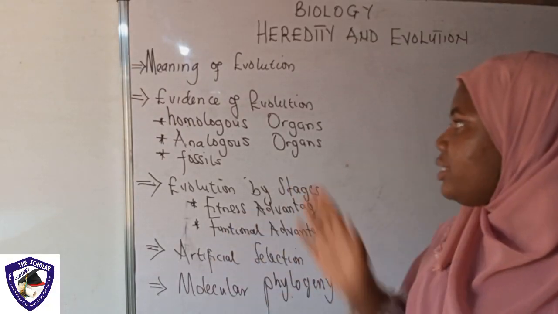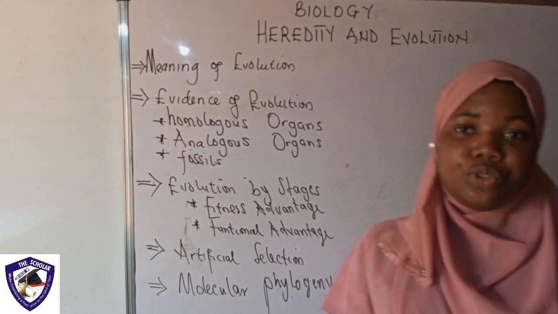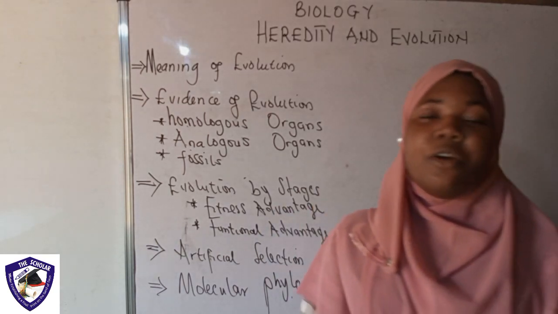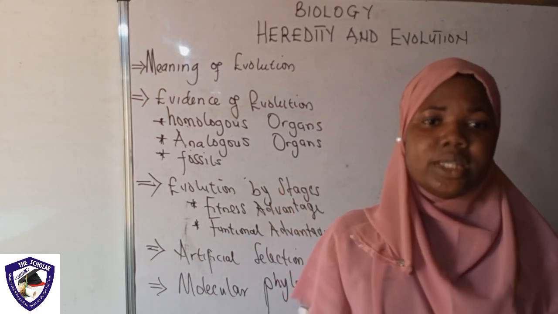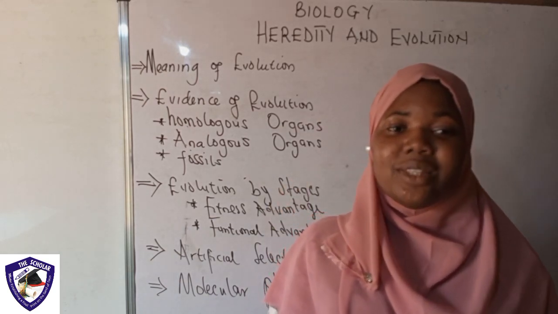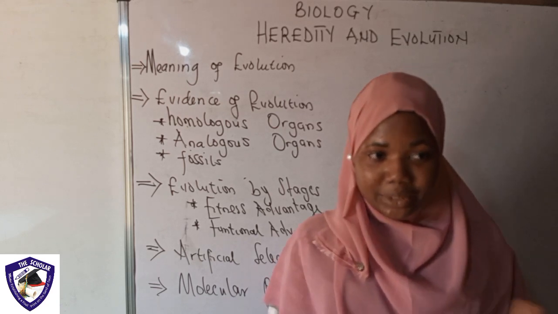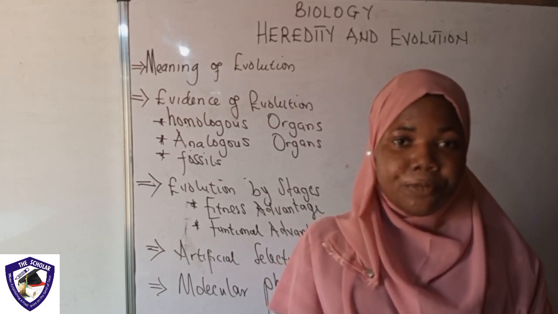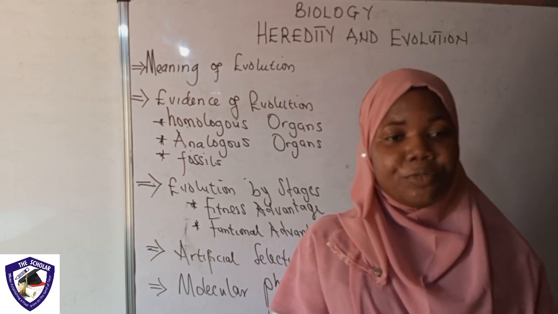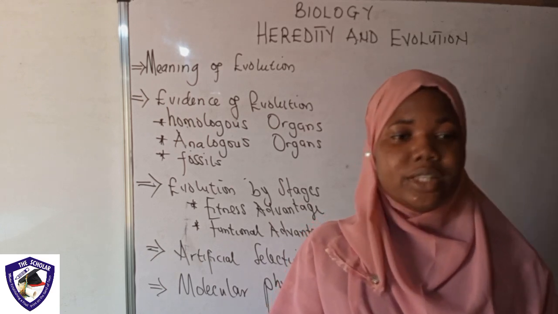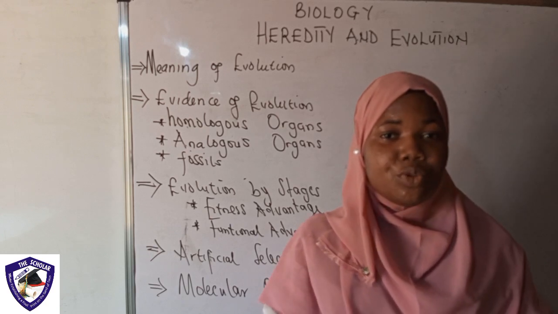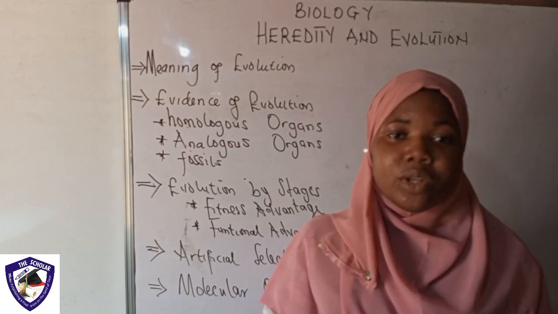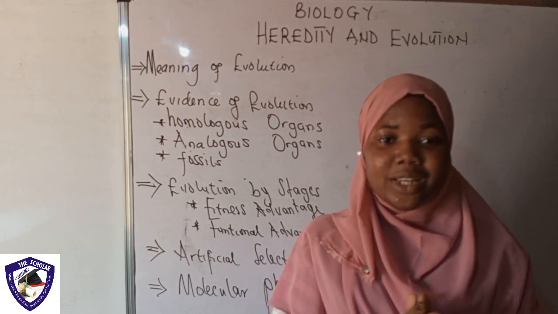Now, the other one I mentioned, evidence of evolution, where we'll look at homologous organs, analogous organs, and fossils. First, homologous organs. These are organs that have the same basic structural plan and origin, but they perform different functions. An example is the forelimb of a horse, which is used for running, the wing of a bat, which is used for flying, and the paw of a cat, which is used for walking and scratching.